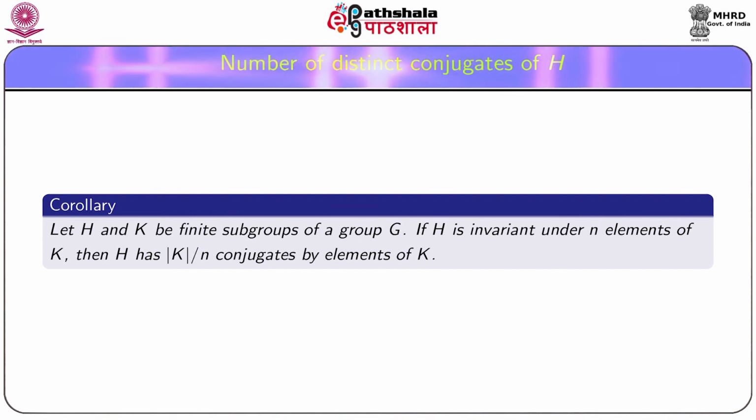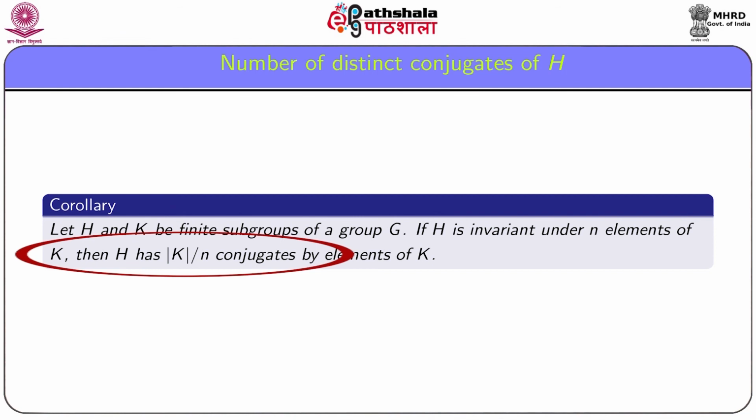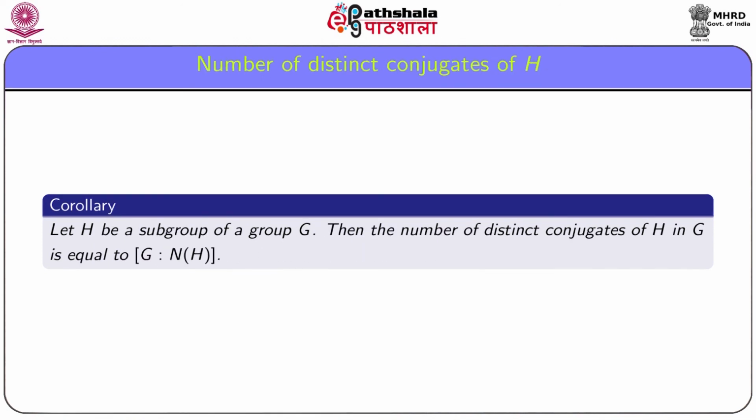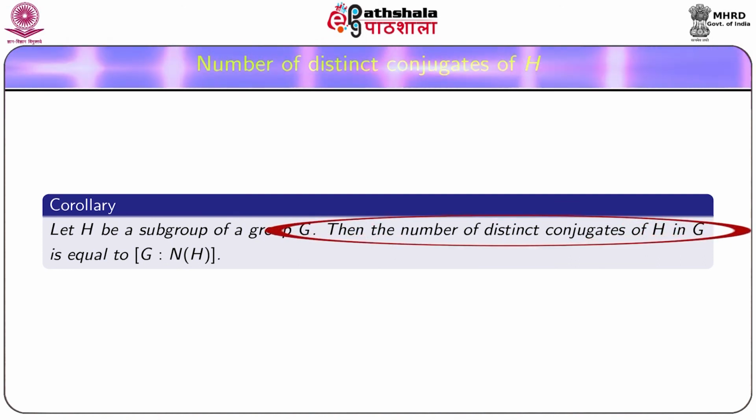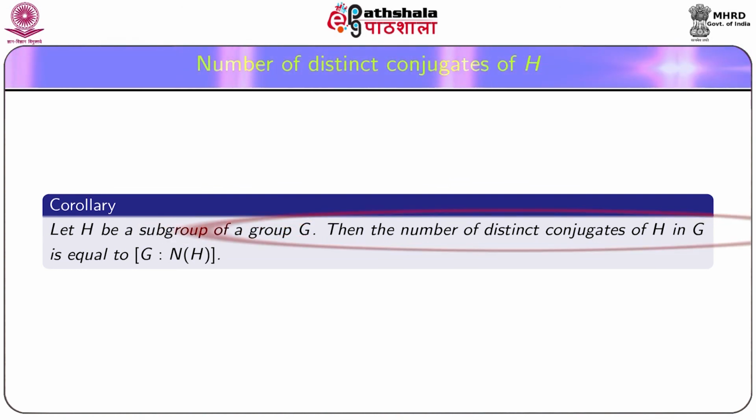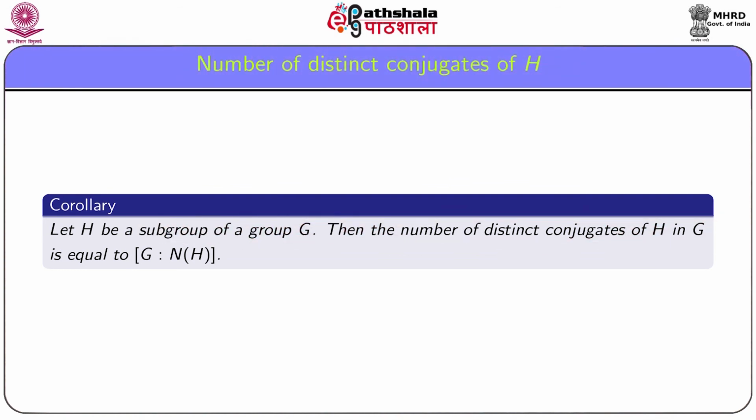If H is invariant under n elements of K, then H has order of K by n conjugates by elements of K. Now we have this particular case, which is very important in respect of applications. Let H be a subgroup of a group G, then the number of distinct conjugates of H in G is equal to the index of N(H) in G.